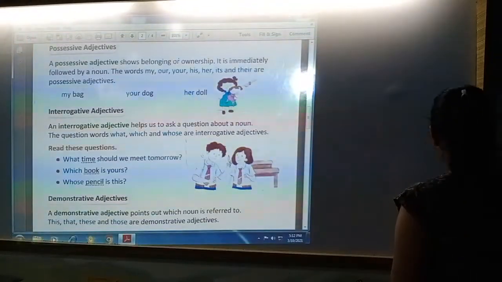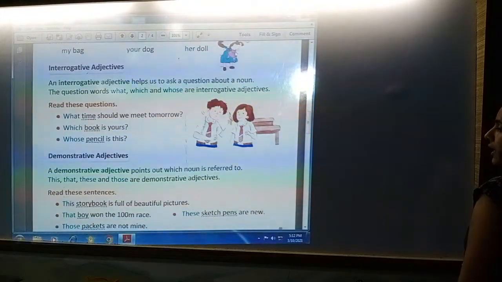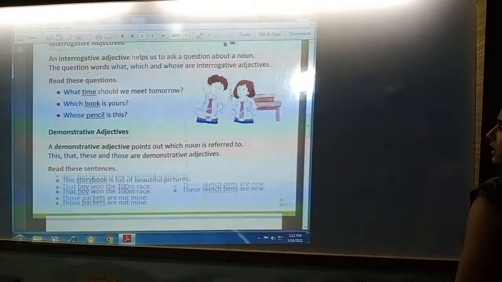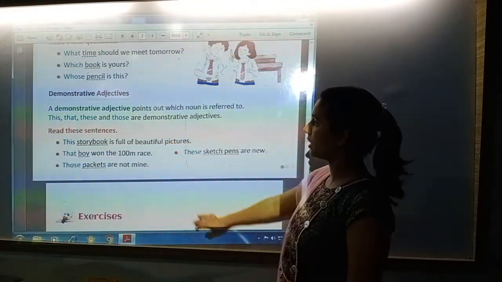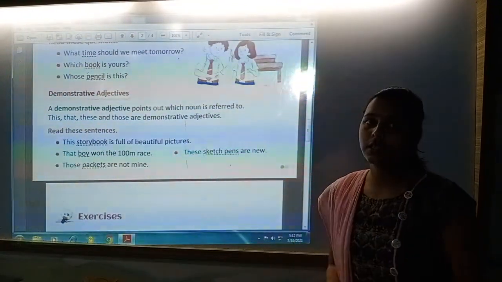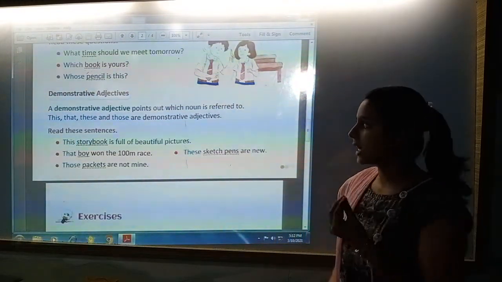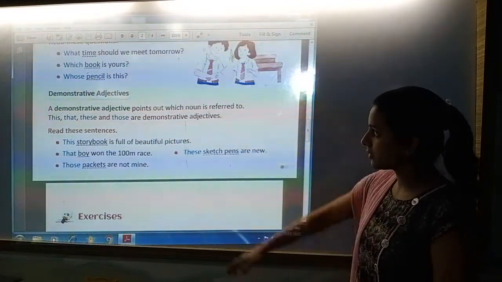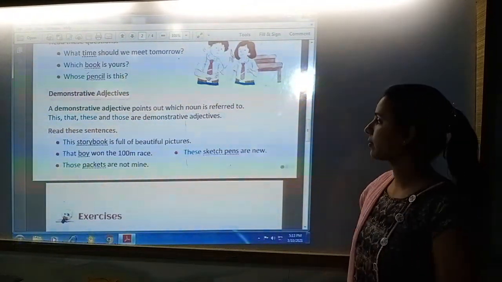Next is demonstrative adjective, which demonstrates or points out the noun. Let's see the example of demonstrative adjective. This, that, these, those. These four are the types of demonstrative adjective that point out which noun is referred to.